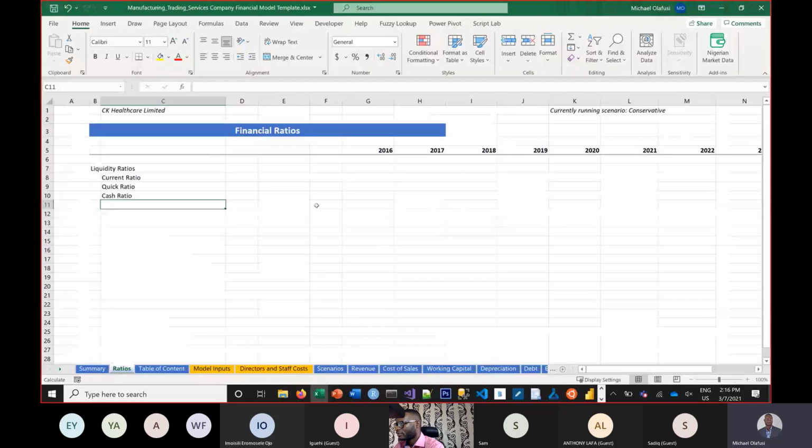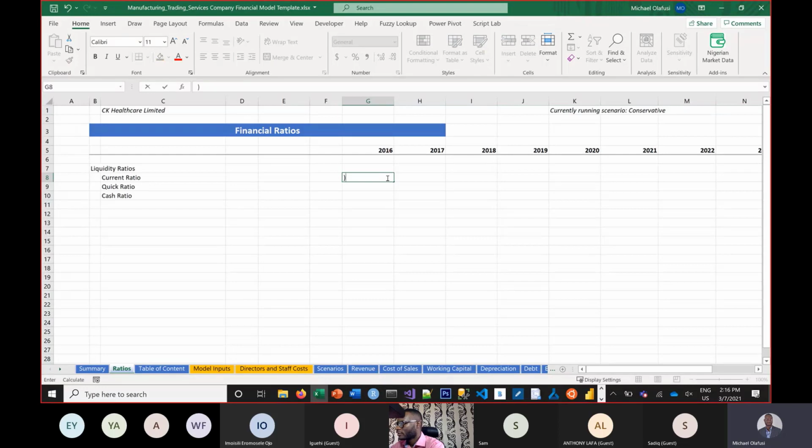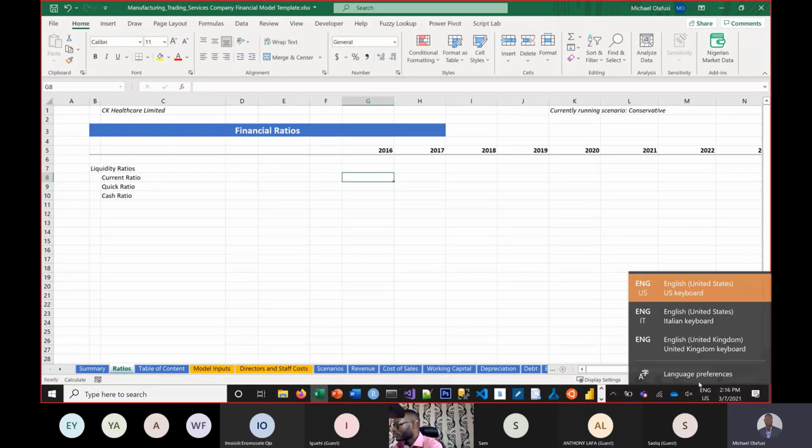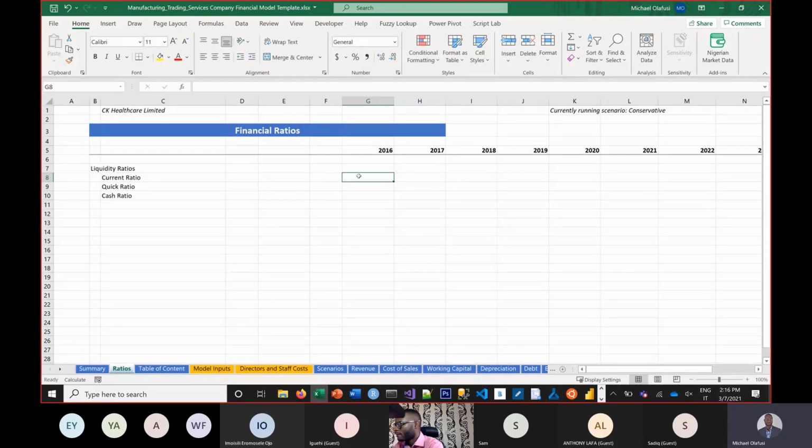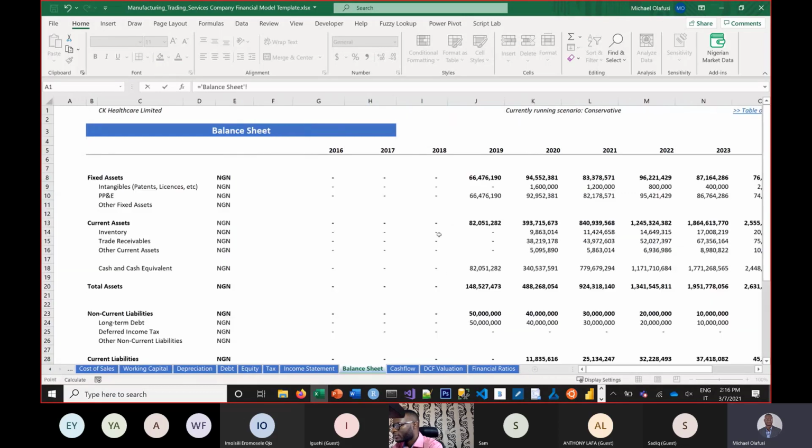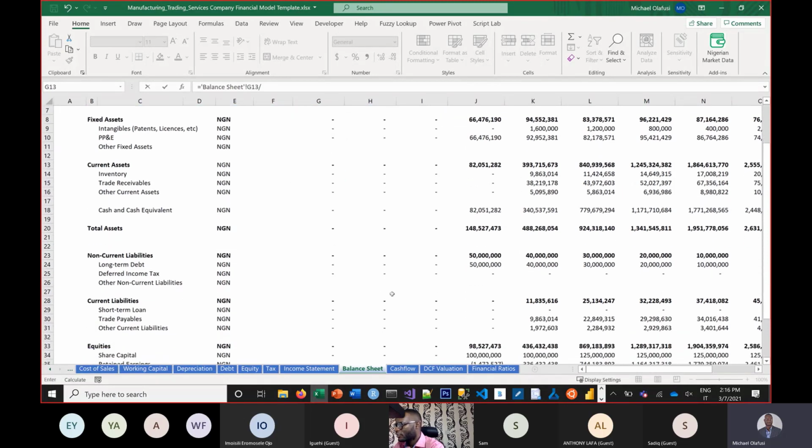So what that means is I'm going to go into my table, go into the balance sheet, grab the current assets, and divide by the current liabilities.